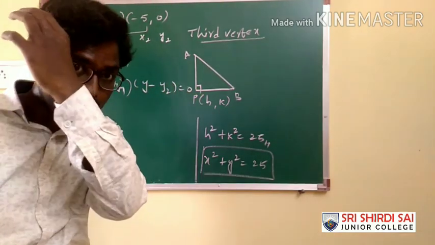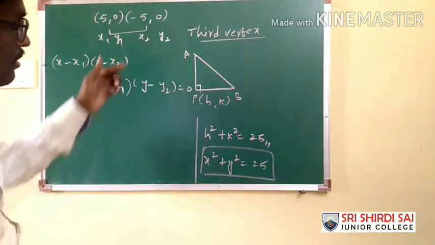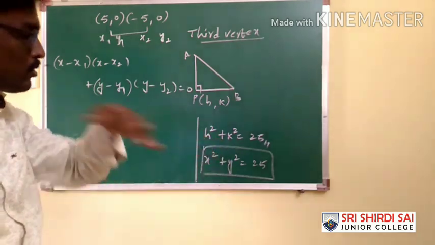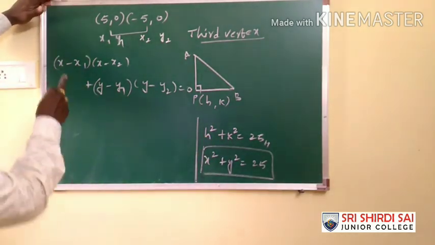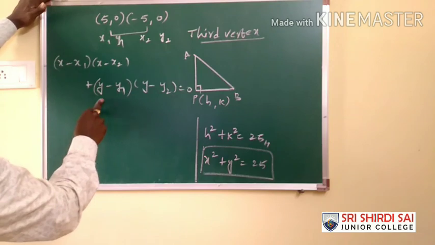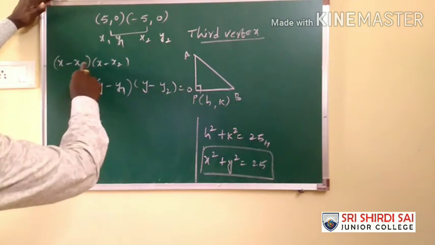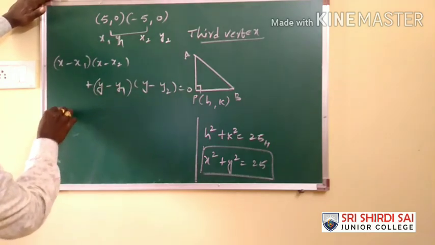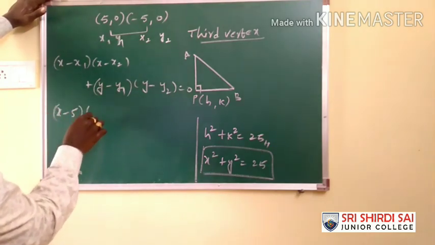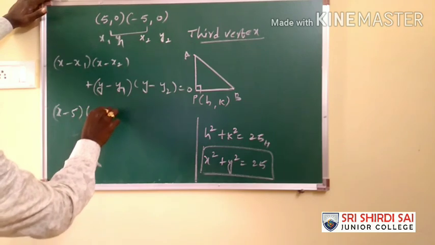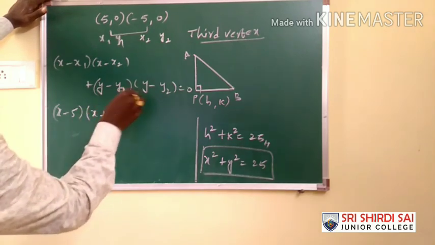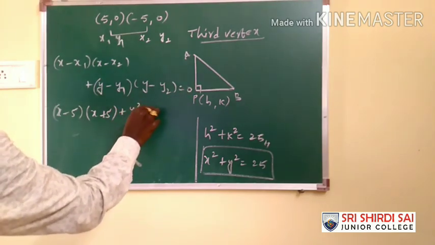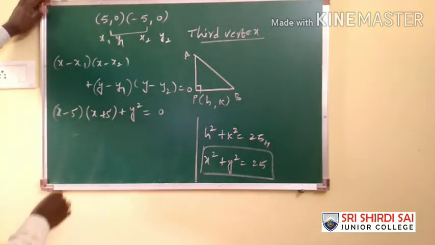What is the equation you can use here as a shortcut formula? The regular formula is PA square plus PB square is equal to AB square. The shortcut formula is (x minus x1)(x minus x2) plus (y minus y1)(y minus y2), where (x1, y1) and (x2, y2) are the given points. x minus x1 means x minus 5, into x minus x2 means x plus 5, y minus y1 is y minus 0, and here also y minus 0, so we get y square is equal to 0.